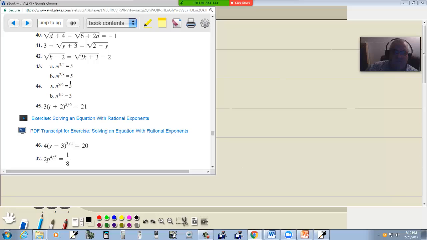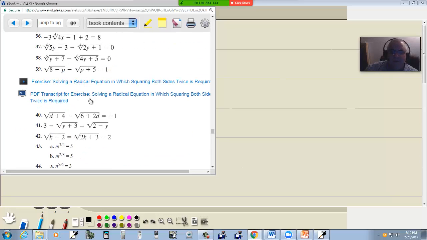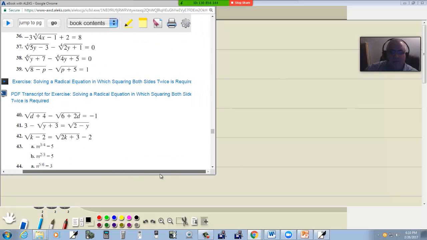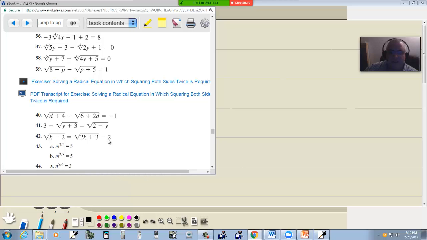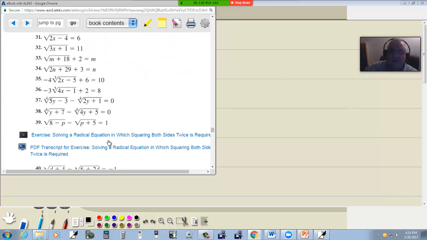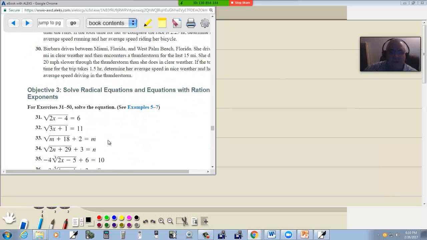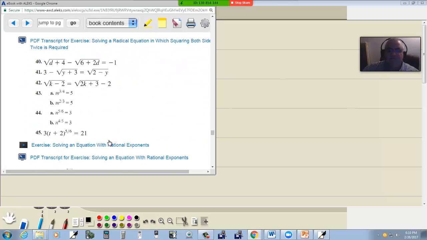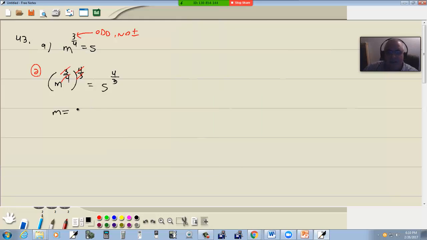What's it equal to? Solving a radical equation, it doesn't say what form to put your answer in. Since it doesn't say, 5 to the 4/3 power is perfectly fine for your answer.